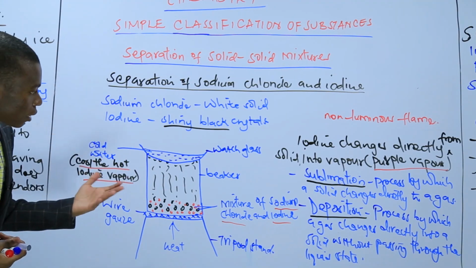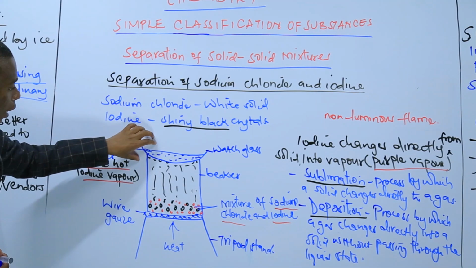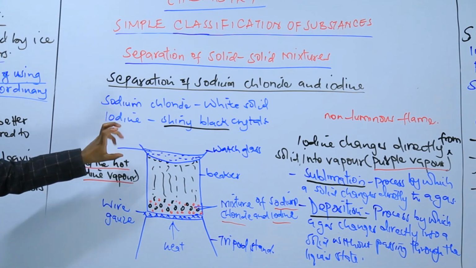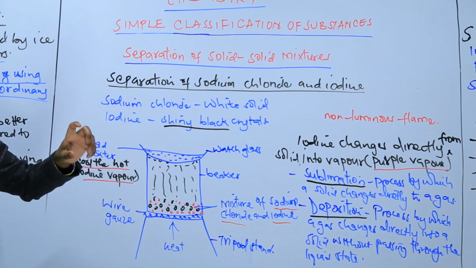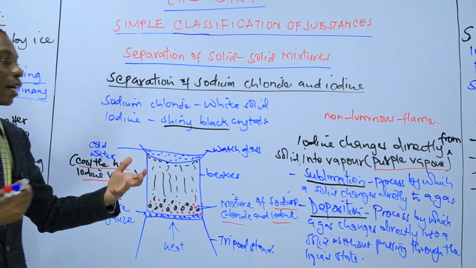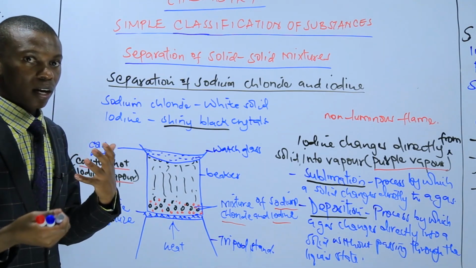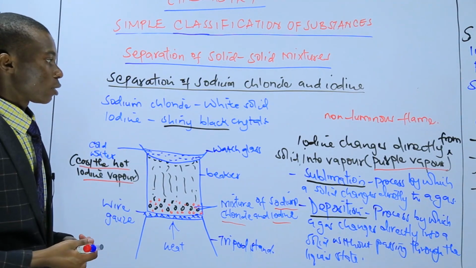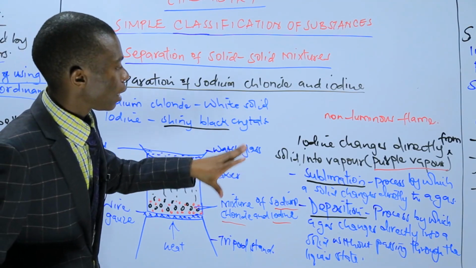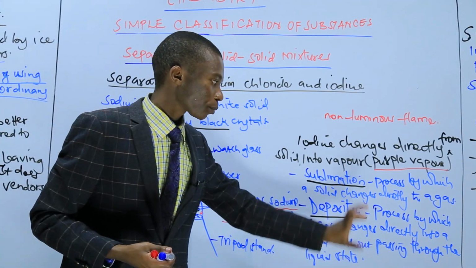Therefore, after that, when you remove the watch glass and pour the water, you are going to get back the shiny black crystals. And that is what you call the deposition method.